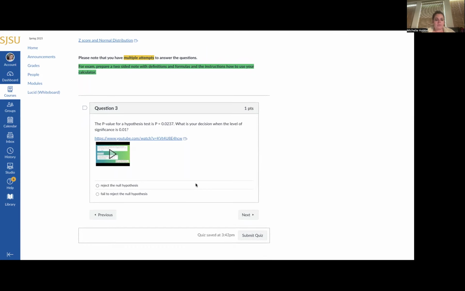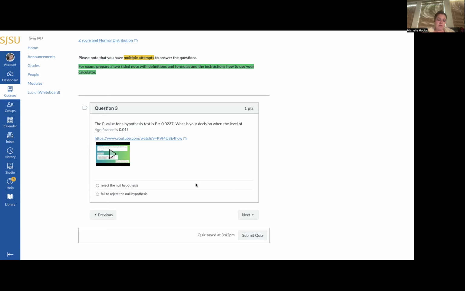The p-value for a hypothesis test is p equals 0.0237. What is your decision when the level of significance is 0.01?